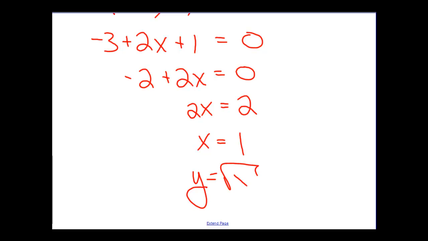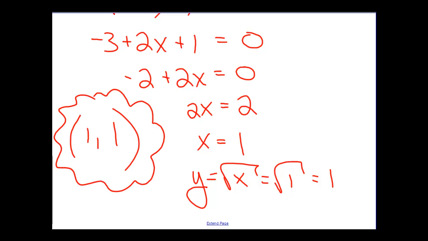But the y value, remember, is just the square root of x. So that simply gives me y is equal to 1. So the answer here, the closest point on this curve to the point 3/2 comma 0 is the point 1, 1. So you may wonder, why did they pick the point 3/2 comma 0? Not really an evil point to pick. It gave us a nice clean answer here, this answer 1, 1.